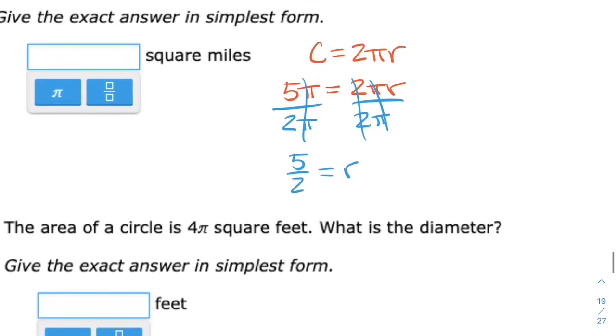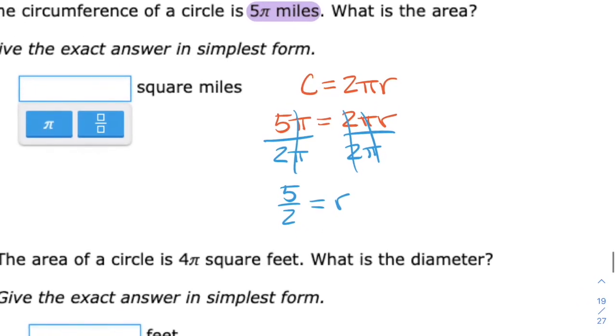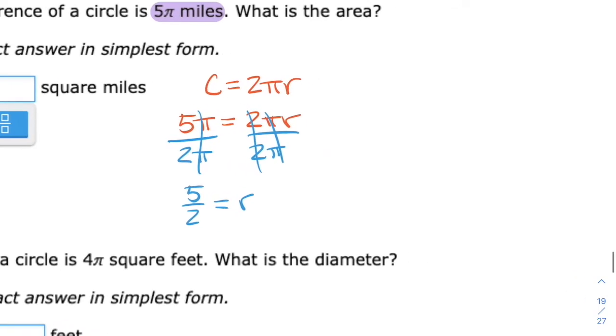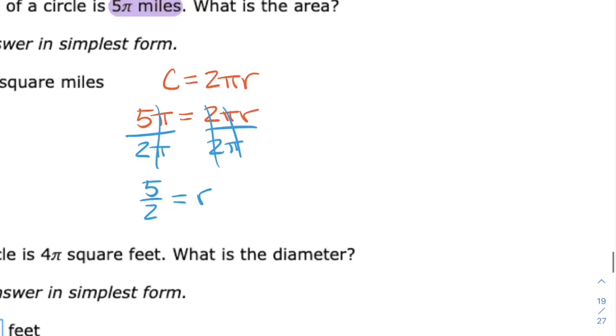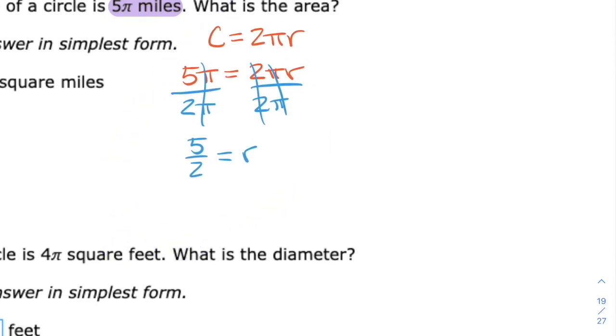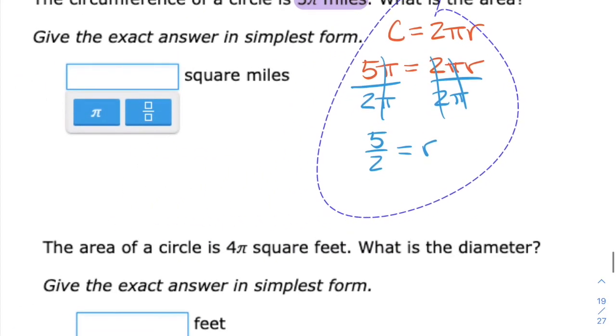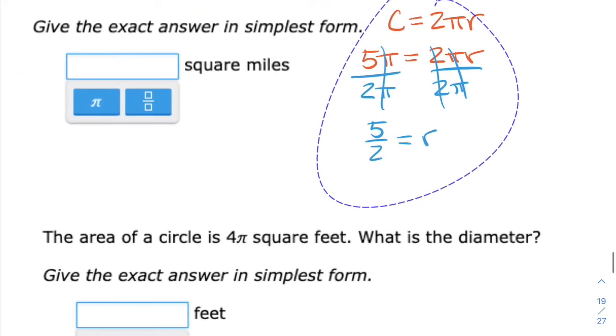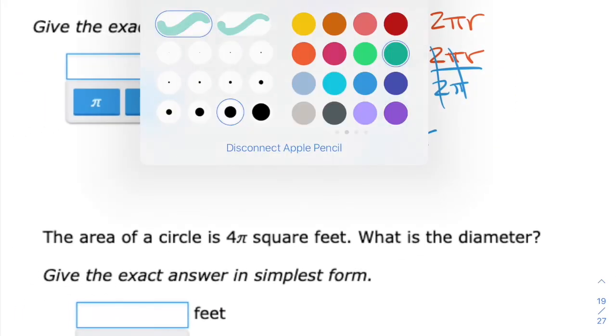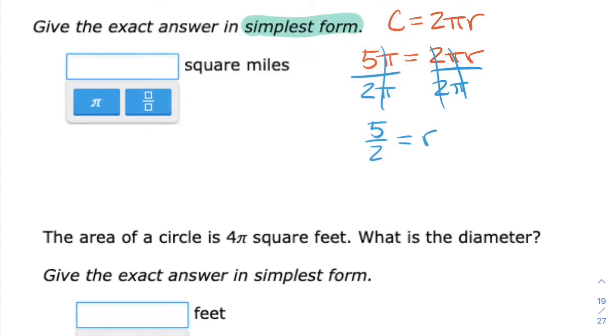You could write it as a decimal, but we do not want to, because it wants it in simplest form. So a decimal is not going to work out for us. It needs to be a fraction.